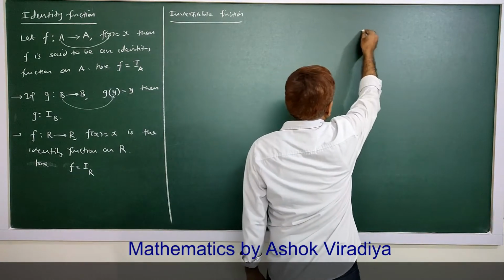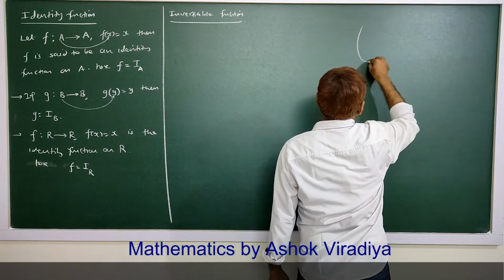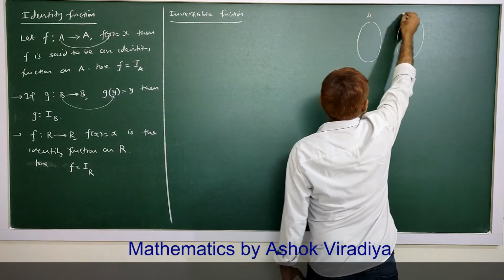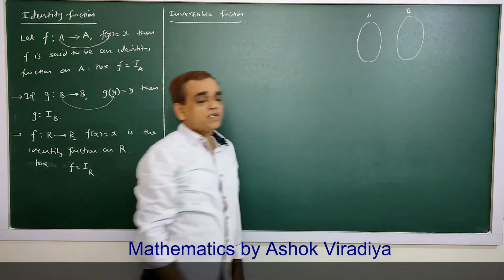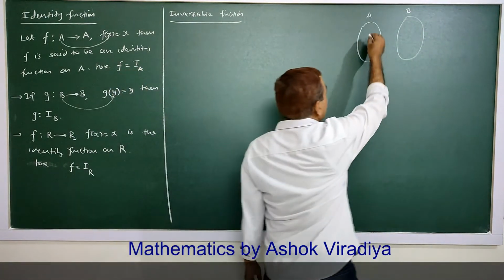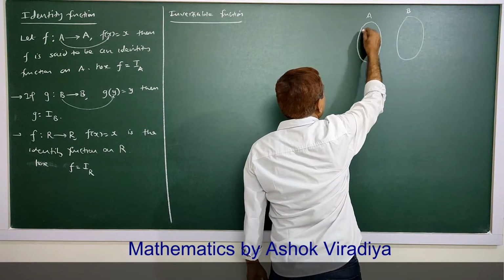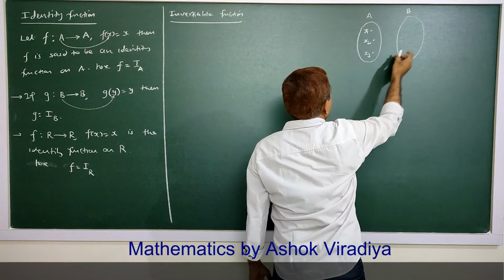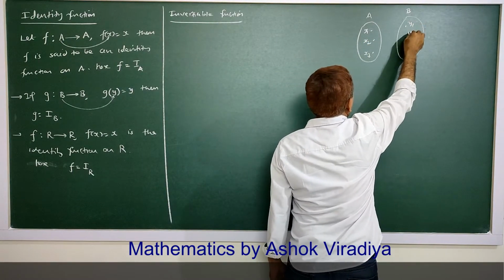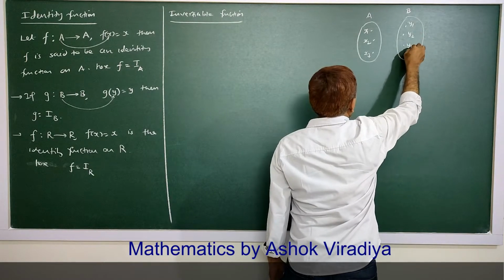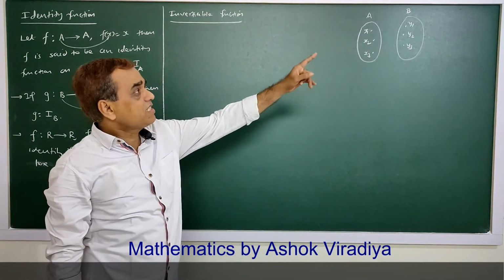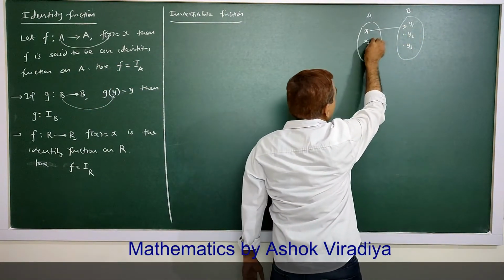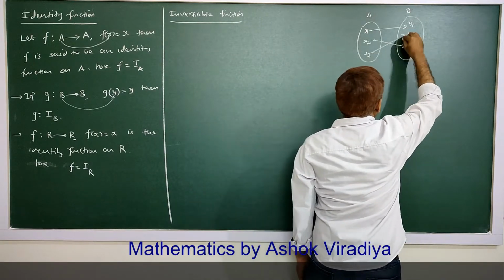Suppose f is a function from A to B. Here I am taking function f in which domain contains x1, x2, x3. Codomain contains y1, y2, y3. This is domain, this is codomain. Image of x1 is y1, image of x2 is y3, image of x3 is y2.